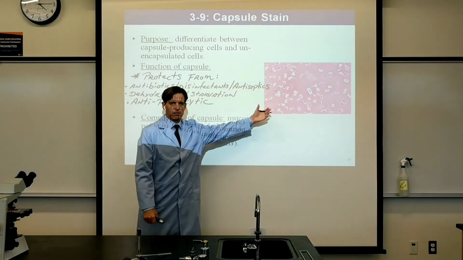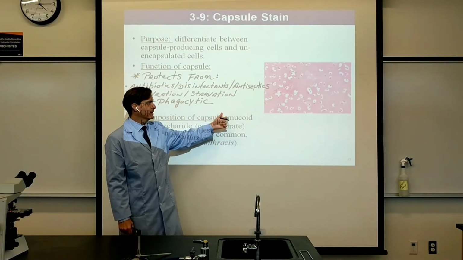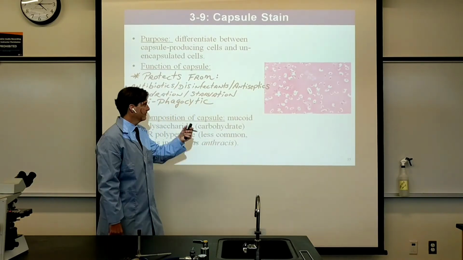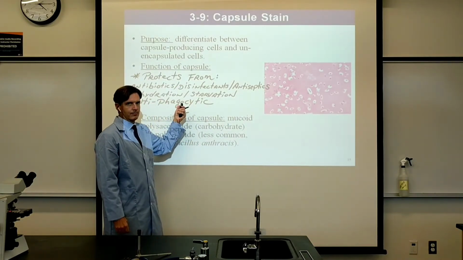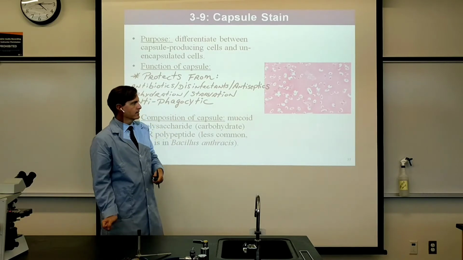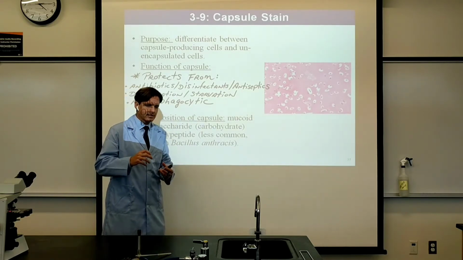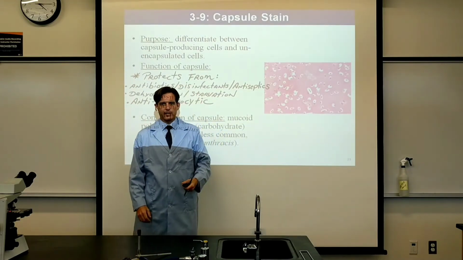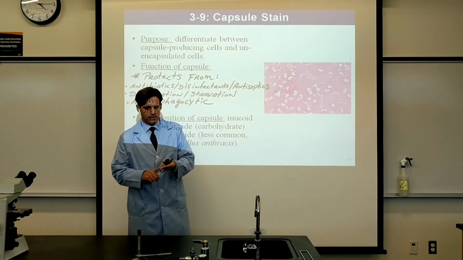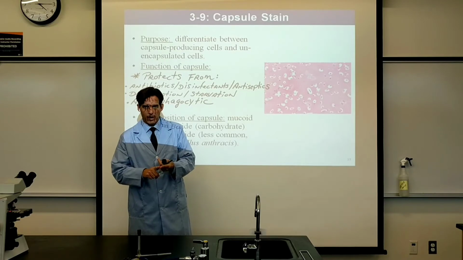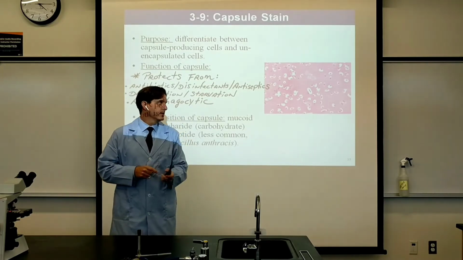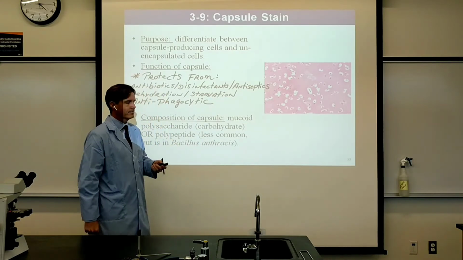Another thing you could say about anti-phagocytic capability is that the capsule may provide a covering that makes it difficult for phagocytes to recognize the cell itself. So if a phagocyte, a white blood cell, comes along and is trying to recognize that there are bad bacteria, they may have a more difficult time recognizing, acquiring, and ingesting, or even perhaps digesting these disease-causing types of bacteria.